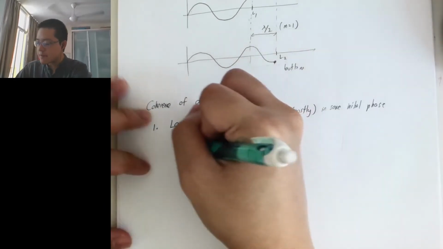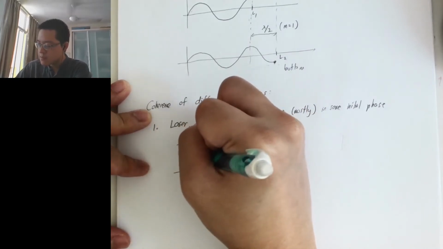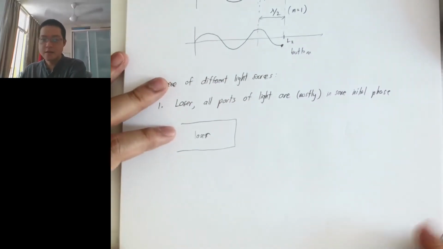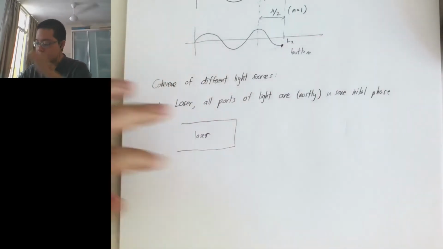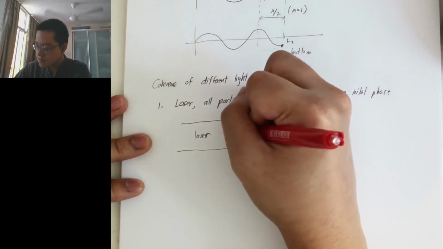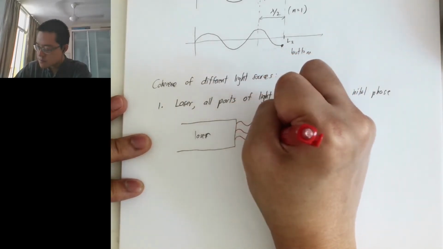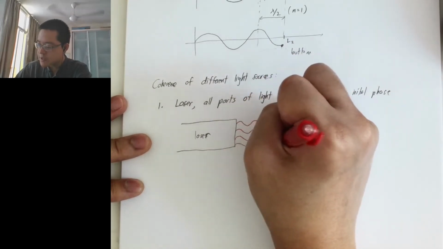Let's say I have a laser, some laser machine. Every part of the light will come out at the same phase, so everything is nice. My drawing is very ugly, but it's the same phase.